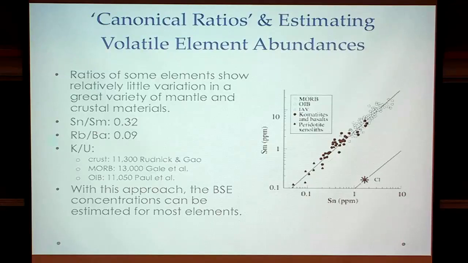So although basalts don't equal mantle composition, some elemental ratios in basalts are the same as in the mantle, and the radiogenic isotope ratios in basalts are the same as in the mantle. So basalts are an important part of the sample.